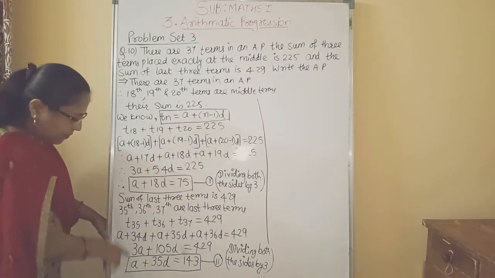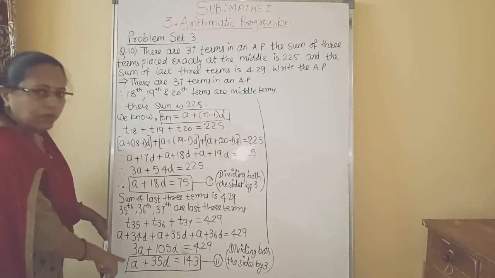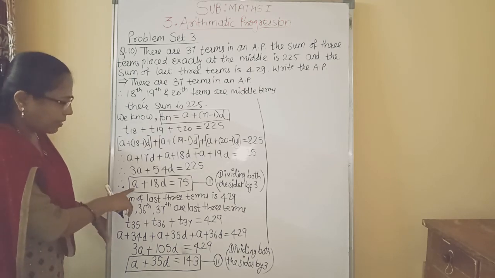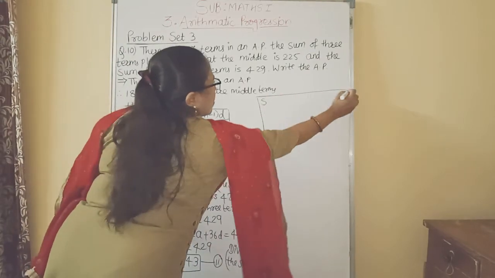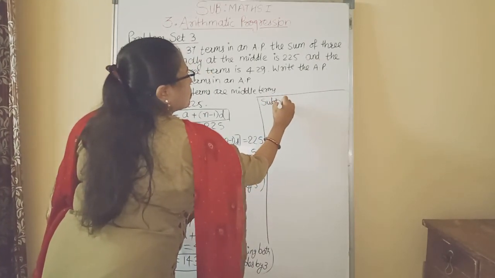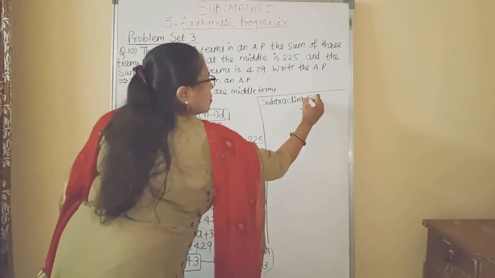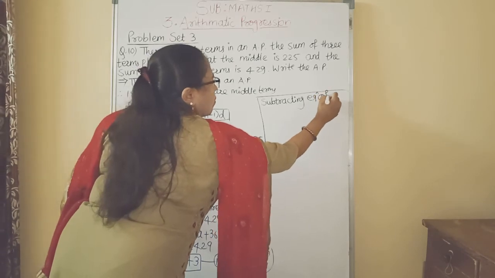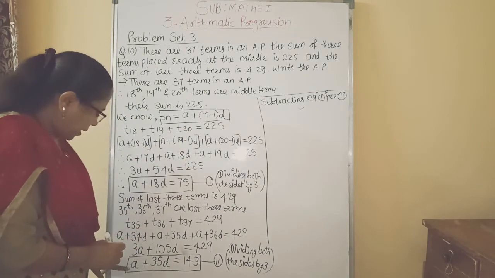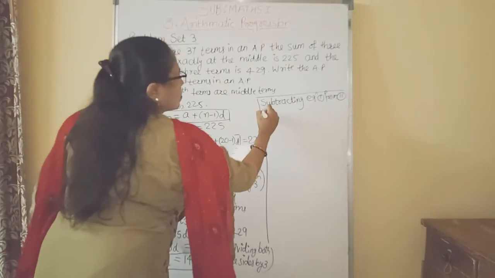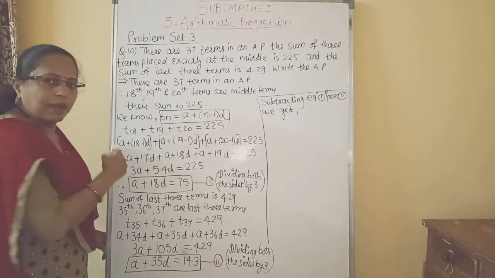Now we got two linear equations in two variables. Now we will solve this. So to remove A, we will subtract equation 1 from equation 2. So here we will write: subtracting equation 1 from 2. Okay. So here A minus A removed.